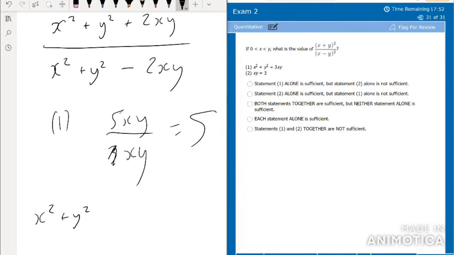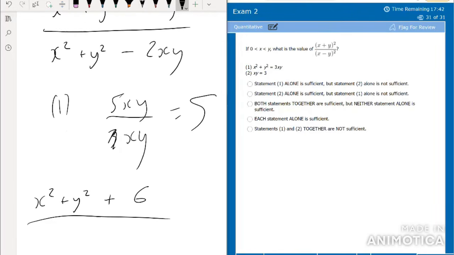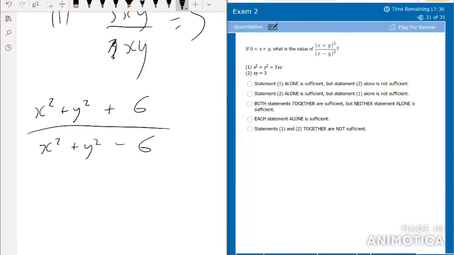And I'm taking time on this because I've way overdone it on speed, so I've got plenty of time. Plus 6 over x squared plus y squared minus 6. Okay, and so now I need to say, well, if xy equals 3, then y equals 3 over x.